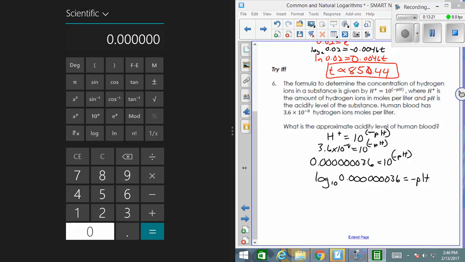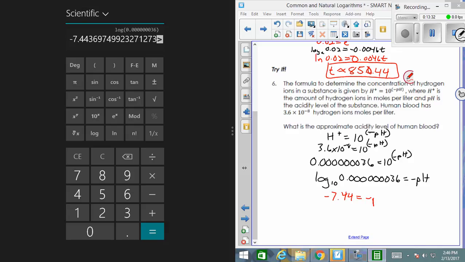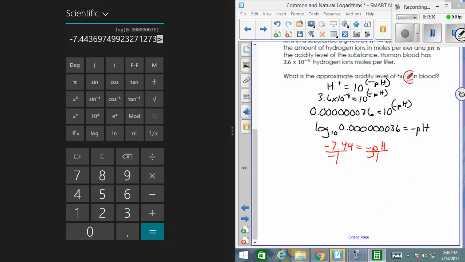Okay, get the log, and we get that our pH is negative 7.44. Since there's a negative in front of the pH, we're going to divide both sides by negative 1. So 7.44 is our human blood acidity level.